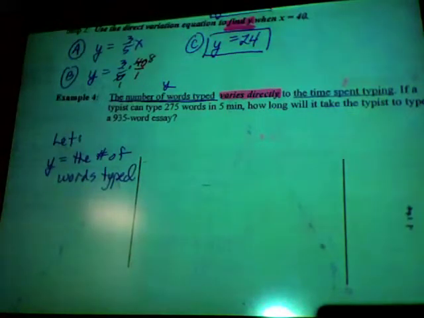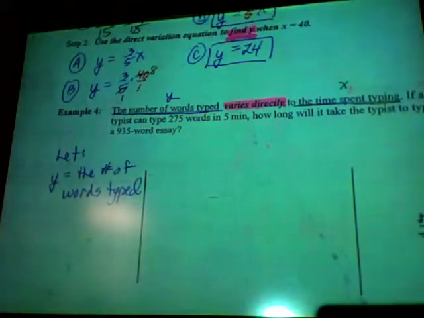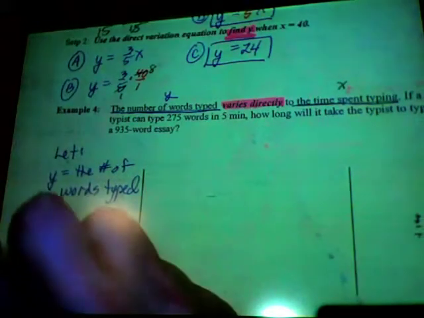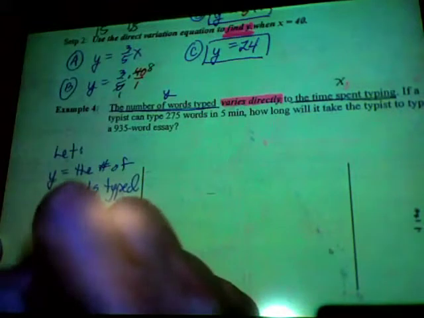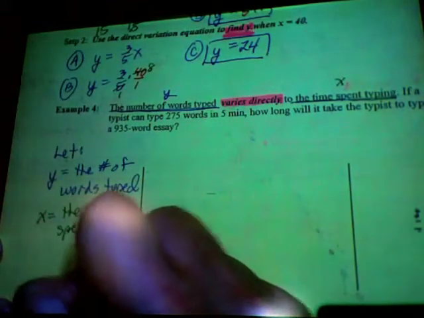What comes after varies directly? Yeah, so this part right here, the time spent typing represents our x. So now you know what to put where. So you're going to let x equal the time spent typing.